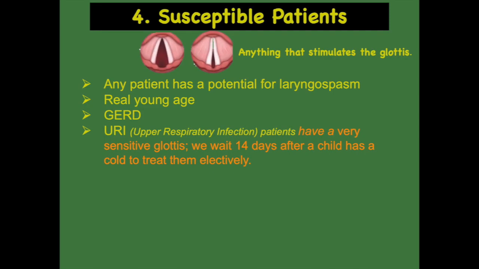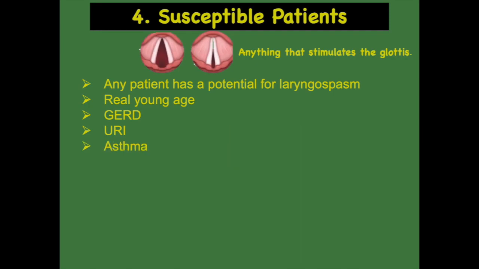And in fact, we're taught in anesthesia school that any pediatric patient that is less than 14 days out from an upper respiratory infection with a non-emergent procedure that has to be done, we cancel the case and we move them to at least 14 days or greater so that the URI has a chance to clear up. Their vocal cords and their glottis are so susceptible to spasm and laryngospasm. An asthmatic patient is susceptible.